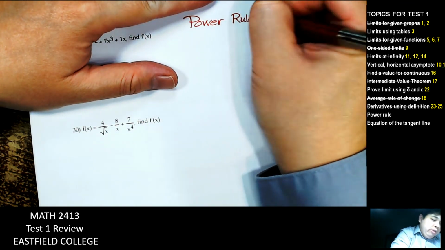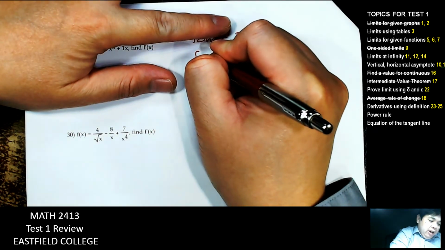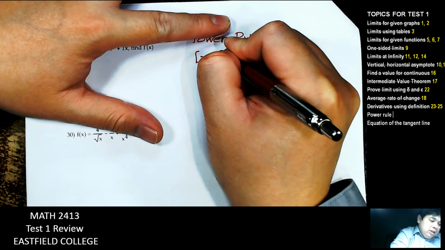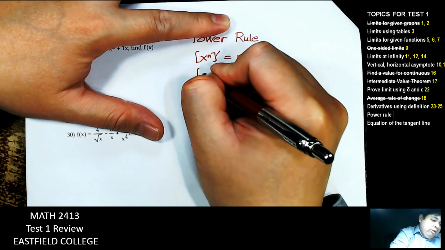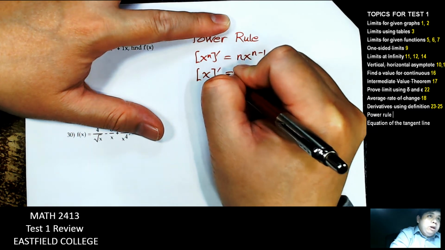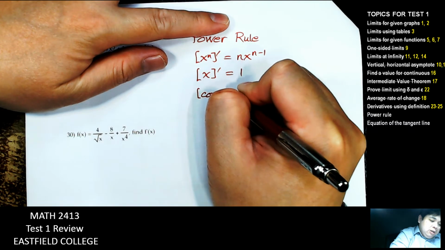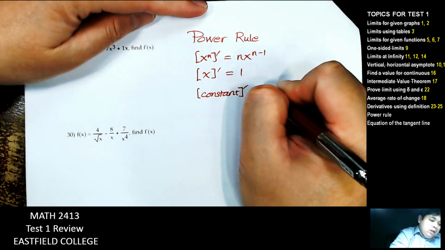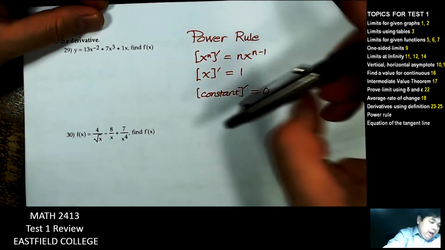The rule of derivative says that the derivative of x to the n power is n x to the n minus 1. The derivative of x will be 1, and the derivative of any constant is 0. Now we look at this, we see x to the negative 2.